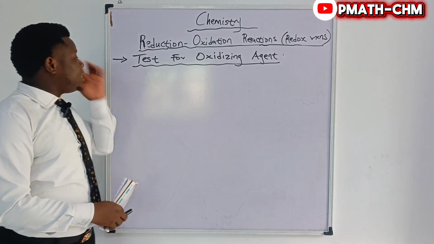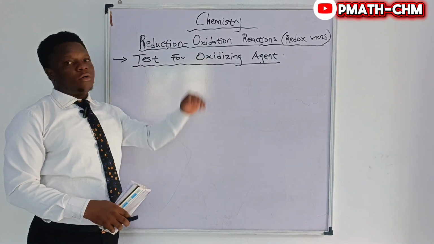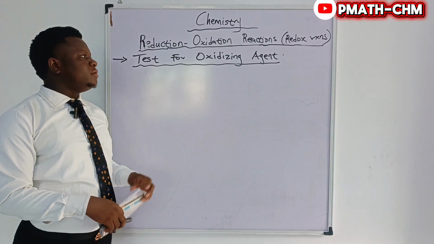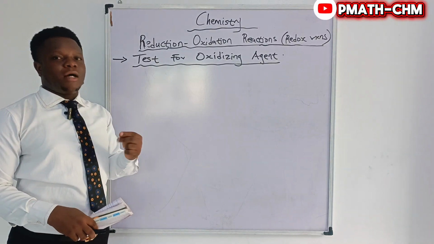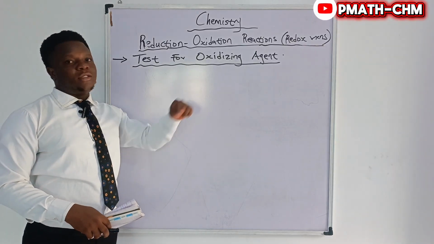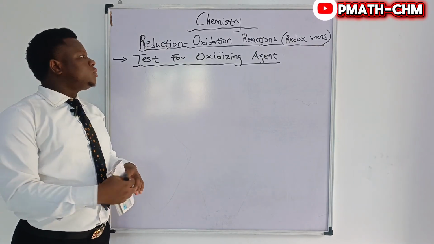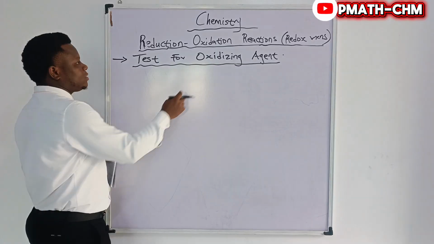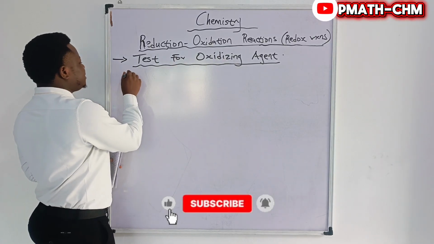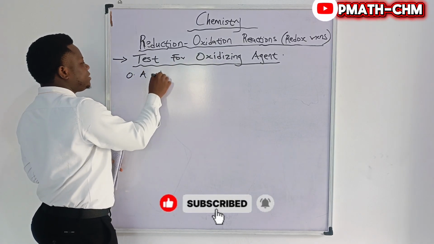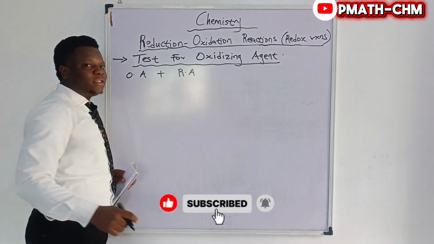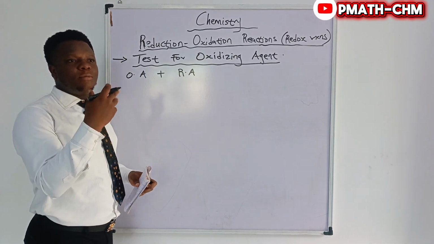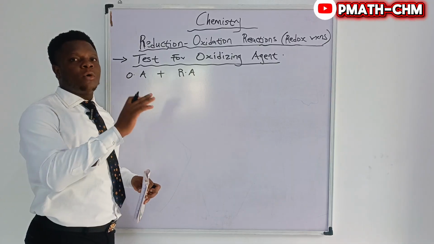Okay, now let's look at the test for oxidizing agent, meaning how do I know if a particular reagent, a particular chemical, is an oxidizing agent? To test for an oxidizing agent, you react that oxidizing agent with a reducing agent and then take note of the observable changes, mostly in terms of color.